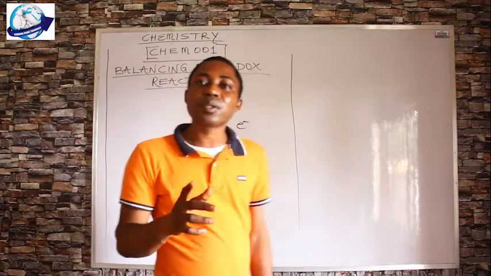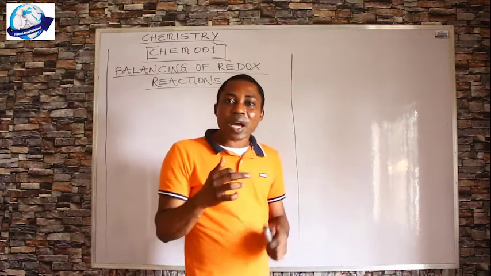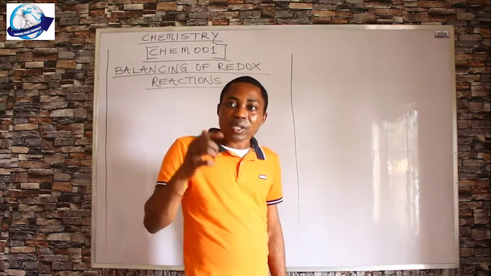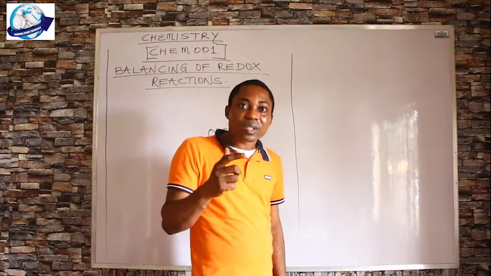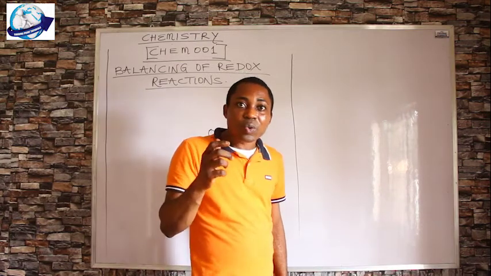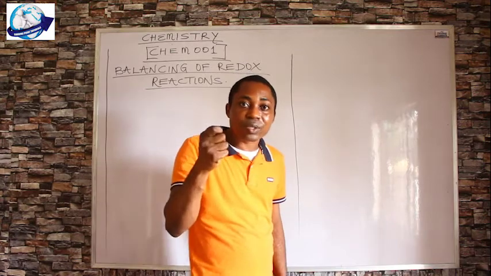Then in step 3, you multiply each of the half equations with the appropriate factors to balance the number of electrons. This is done in the 2 half equations.